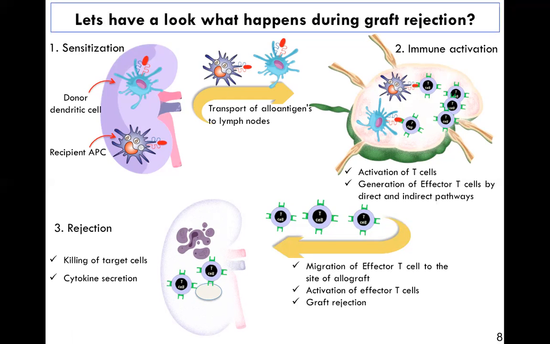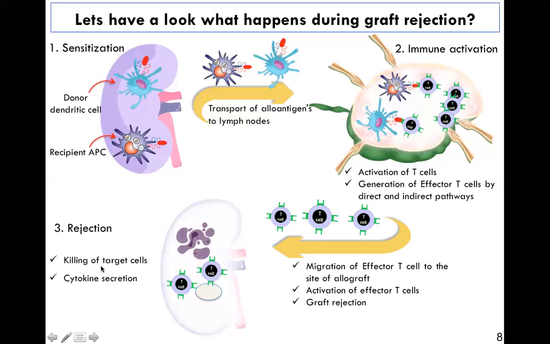Because these cytotoxic T cells, which are CD8 positive T cells, directly kill the transplanted graft, while CD4 positive effector T cells help other cells of the immune system in rejection by secreting cytokines.